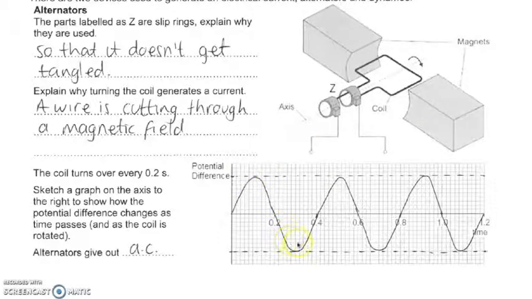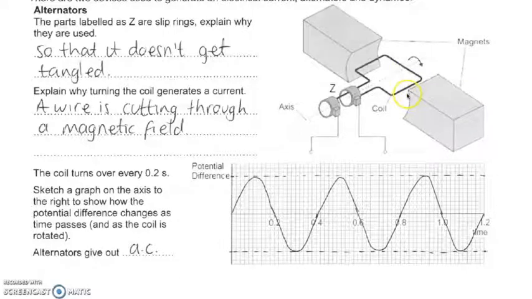The same thing happens when we have this end of the coil cutting through the magnetic fields as it rotates this way. So at the top, again, it cuts through the magnetic field lines less, so we've got a small amount of voltage.